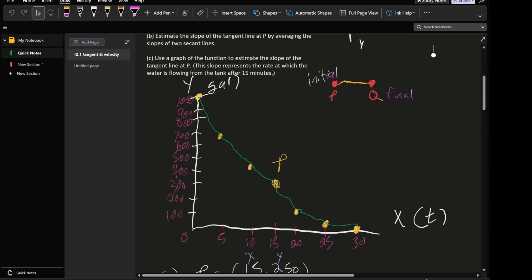So there is a visual here where time is on the x-axis and volume in gallons is on the y-axis. Starting right here, time is 0, 1,000 gallons, and it's decreasing over time until it gets to 30, which is 0.